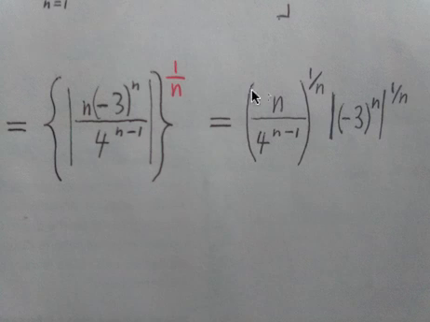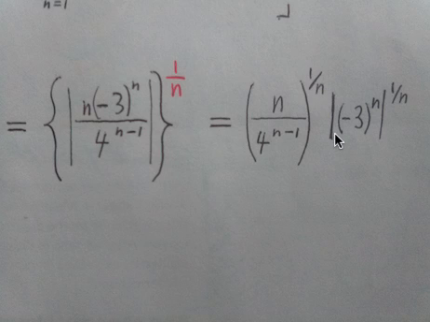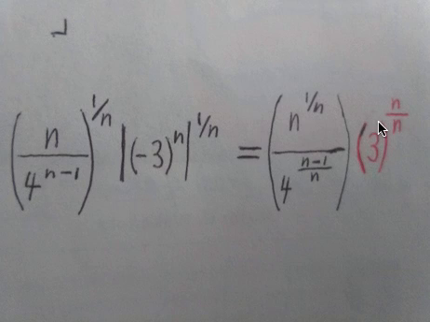So we can pull those outside of here, keeping the exponent in mind, of course. And then we have to take a look at negative 3 to the n inside of the absolute value signs. And of course, we just drop the minus sign, and the absolute value becomes 3 to the n, to the 1 over n.